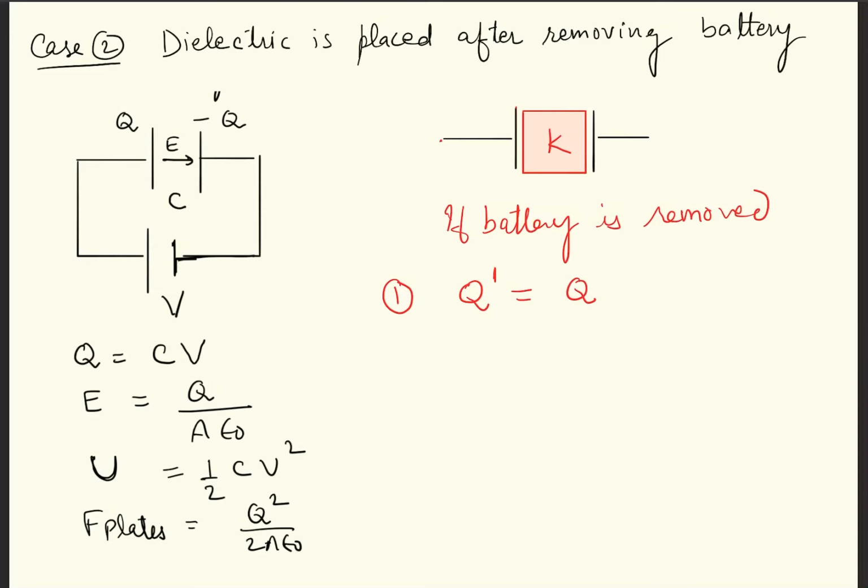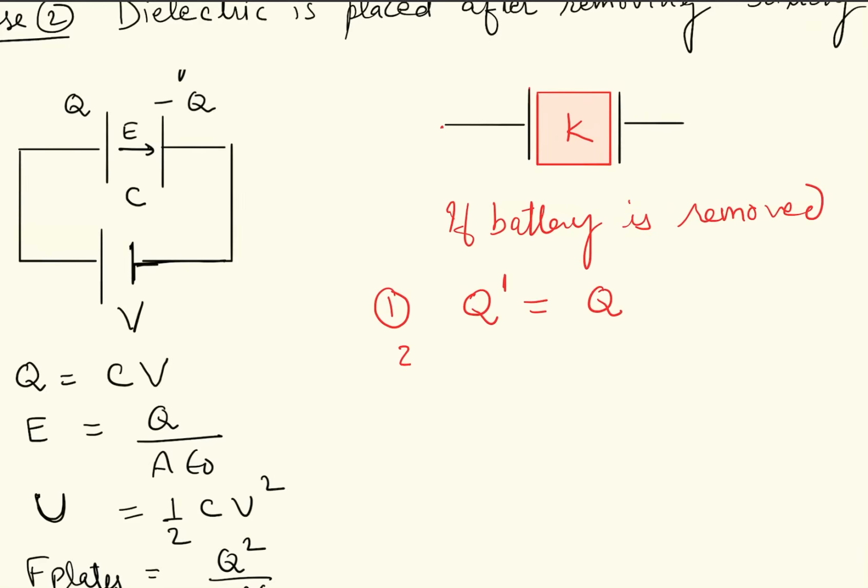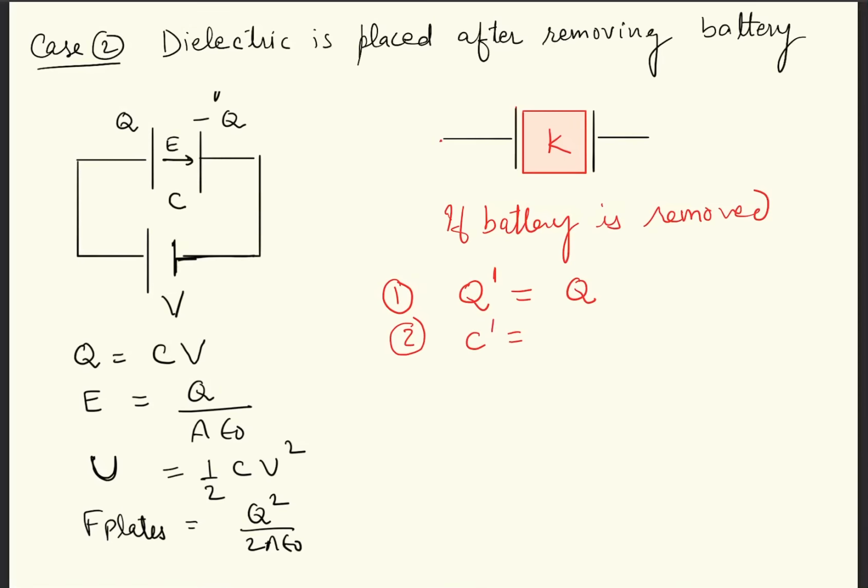The charge cannot change because the battery is not connected. It is an isolated capacitor, and on an isolated capacitor the charge cannot change. And what is the capacitance? We all know that capacitance depends only on geometry. It will be k into C like before.